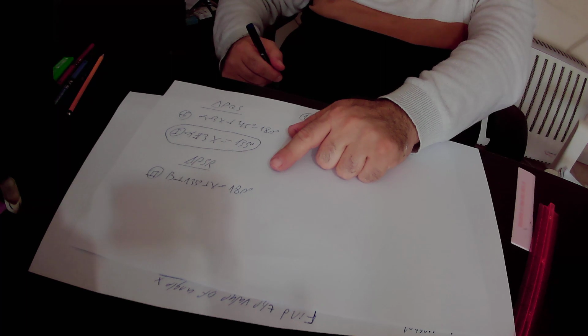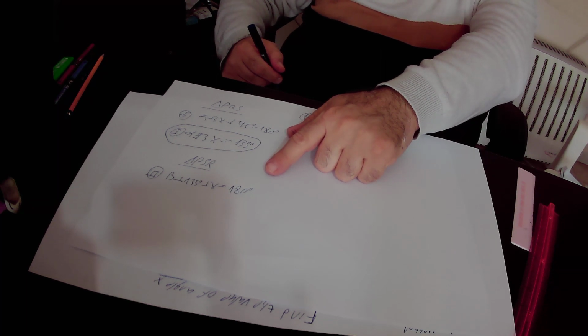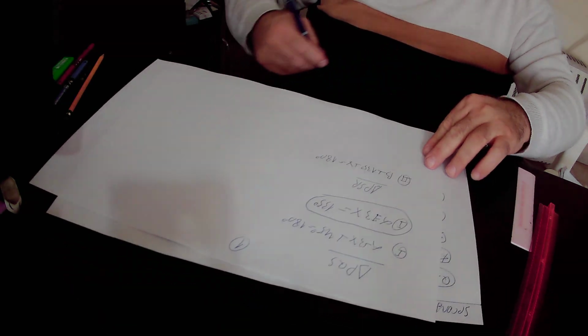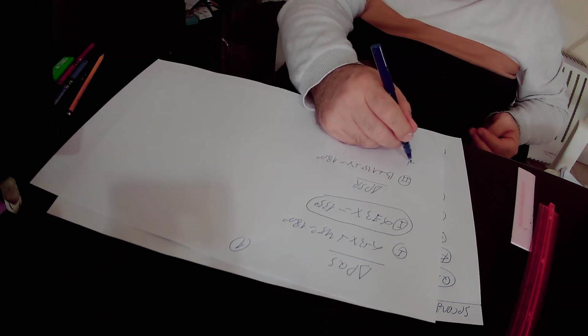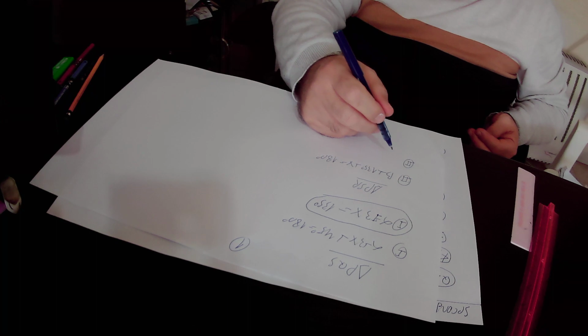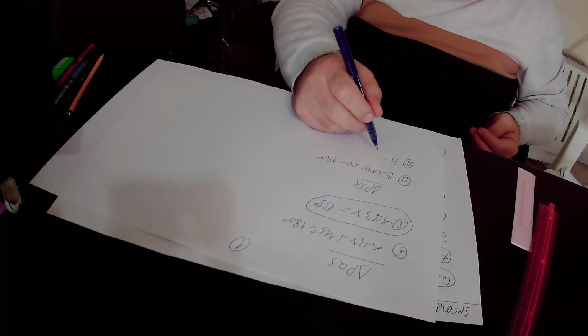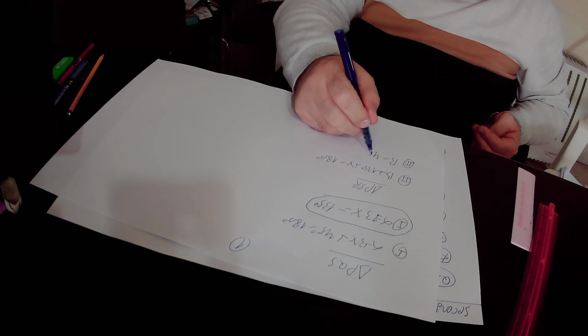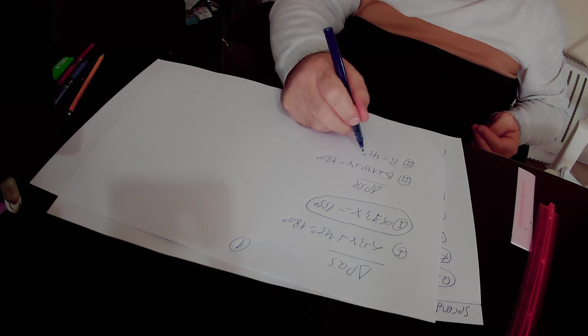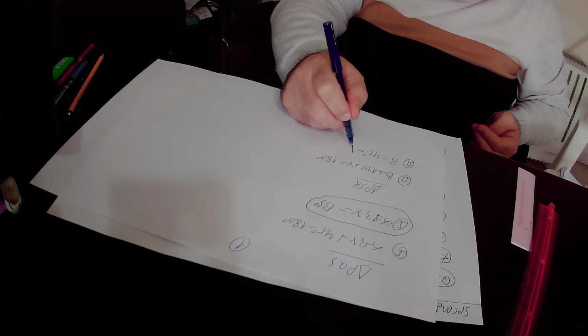Here we will subtract 135 degrees from this equation number 2, and we will get that angle beta equals 180 degrees minus 135 degrees, which is 45 degrees, and we also subtracted x, so beta equals 45 degrees minus x.